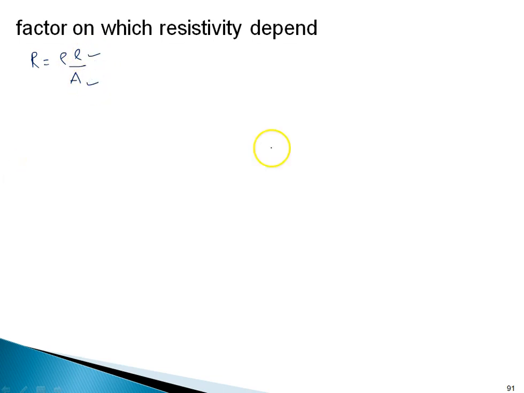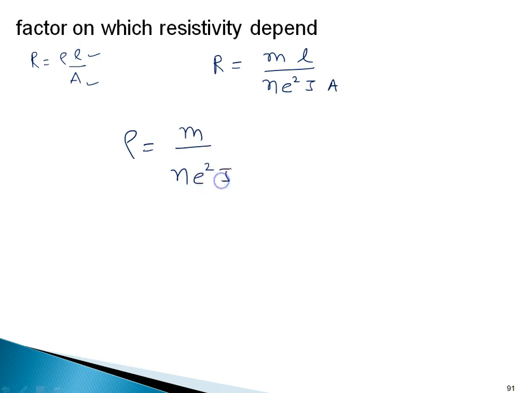If you write that formula which you have derived earlier and compare with this formula, then you will see resistivity does not depend on these parameters. So I am writing that formula which you have derived earlier: R equals m L upon N e squared tau A. Now I can write rho equals m upon N e squared tau.